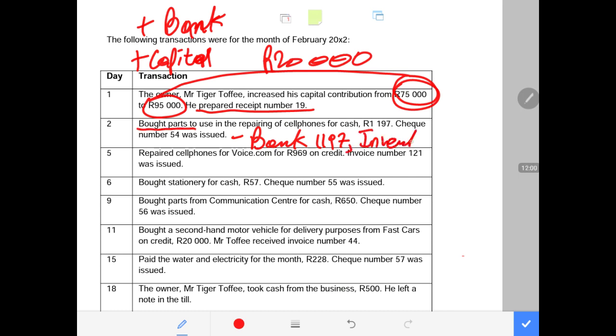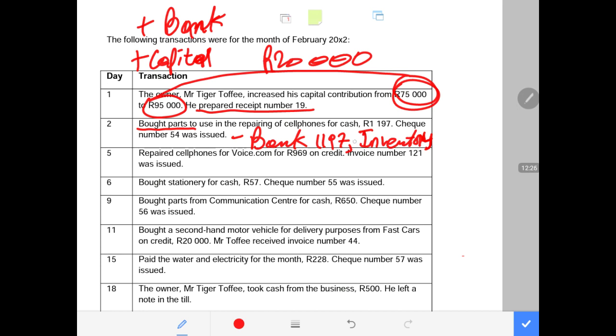In order for us to repair cell phones, we need some equipment, if I may say so, or some tools. Yes, I think the right term is tools. We need tools to be used in the process of repairing cell phones, or some of the parts that will be needed. So now we have this inventory, meaning these parts will be our inventory as an asset.